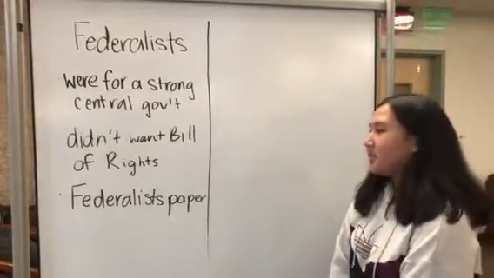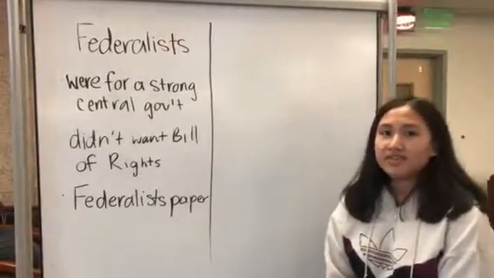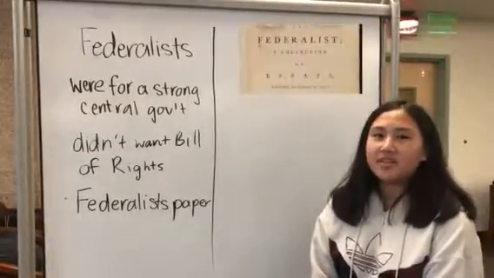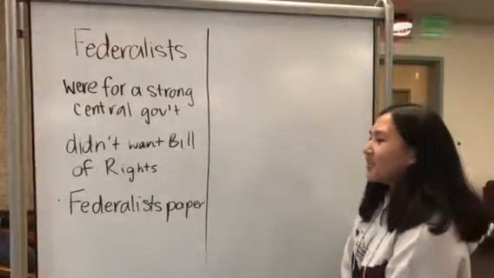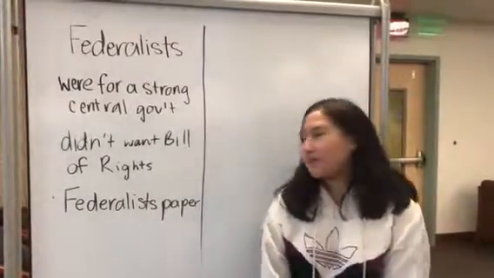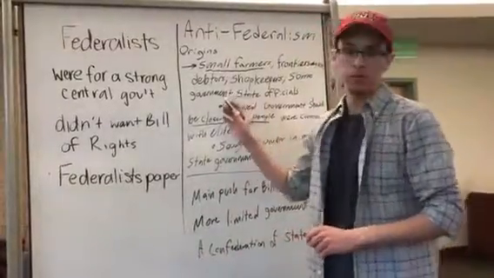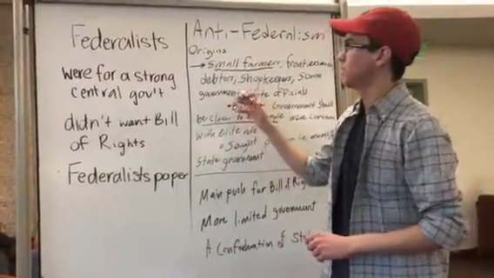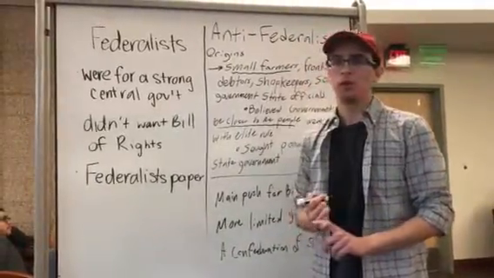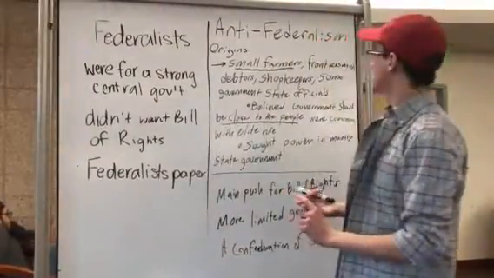And the Federalist Papers consisted of 85 articles written by John Jay, James Madison, and Alexander Hamilton under the alias of Publius in order to promote the ratification of the Constitution without the Bill of Rights.